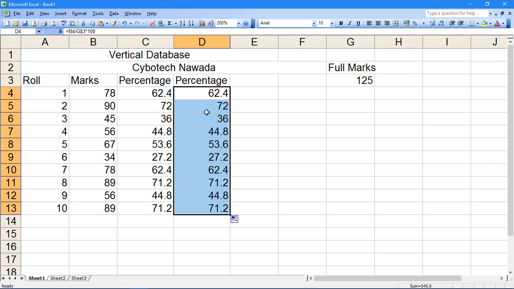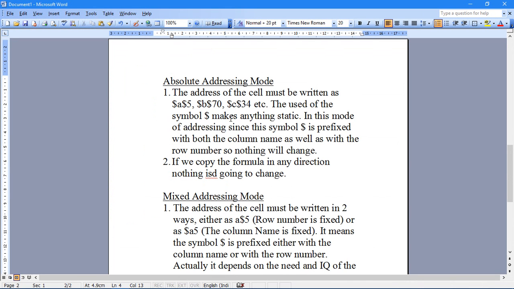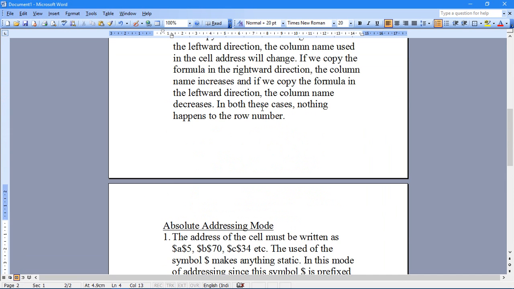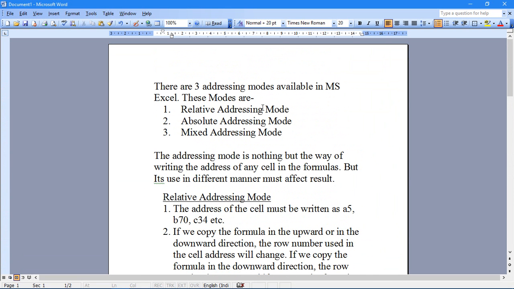But if there is some chance that along with upward and downward direction the formula may be copied in a rightward or leftward direction, then the absolute addressing mode is perfect for that case. I think you will understand about the addressing modes in MS Excel. There are 3 types of addressing mode.